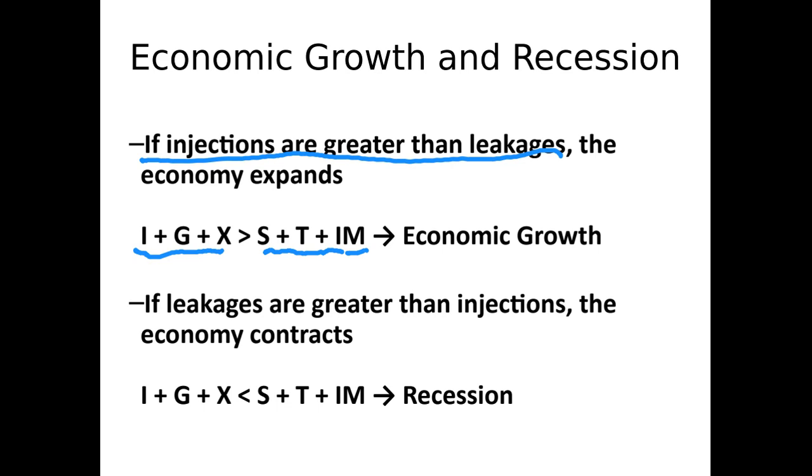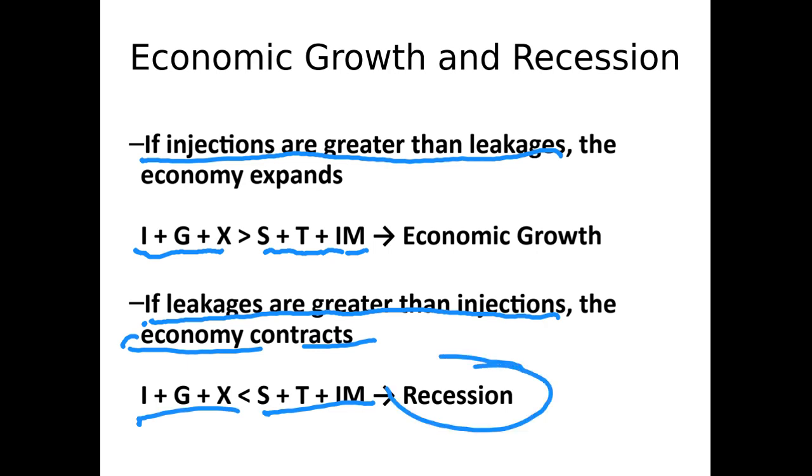If leakages are greater than injections, the economy contracts. That is, money is going out of the system. So these leakages are more than injections, and therefore we have a recession. That is why one solution to the recession is to increase government expenditures.